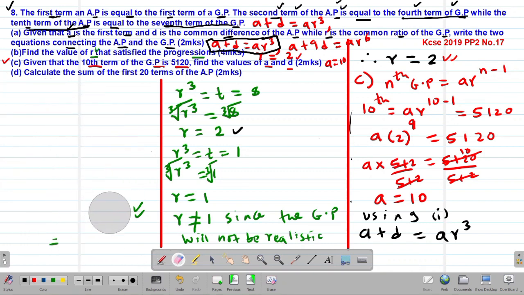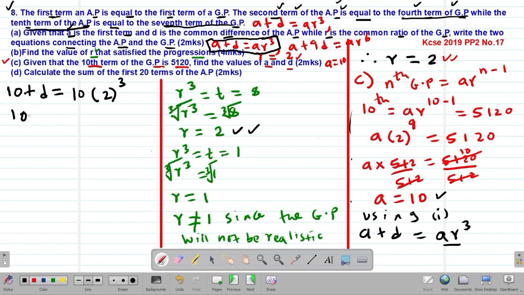So this is going to give us the following when I substitute the values that I already have. We've found that A is 10, so this will be 10 plus D, which should give us AR cubed. Our A is 10, then of course our R, the common ratio, remember it was 2, to the power of 3.